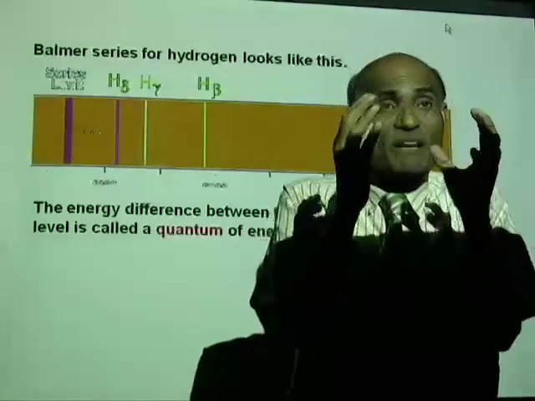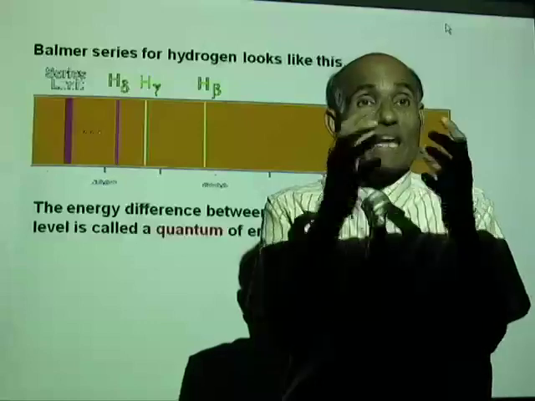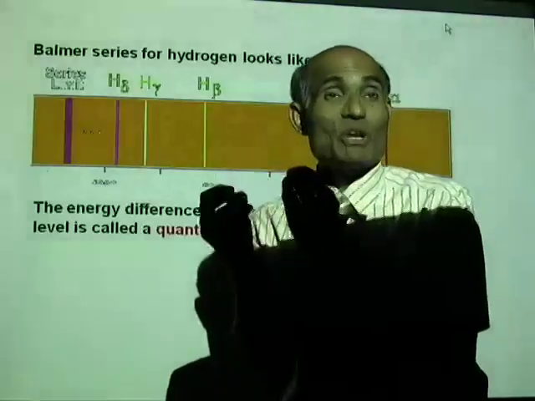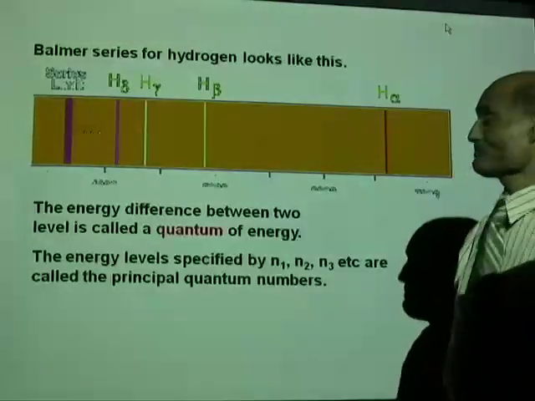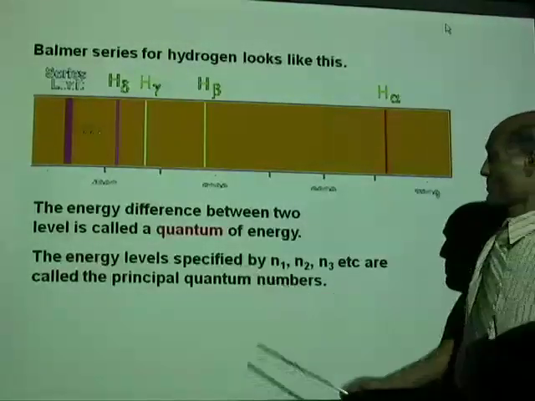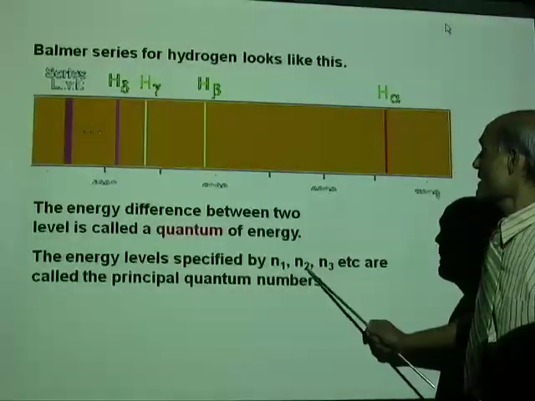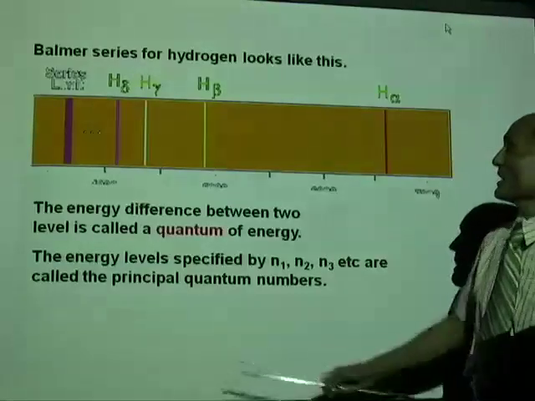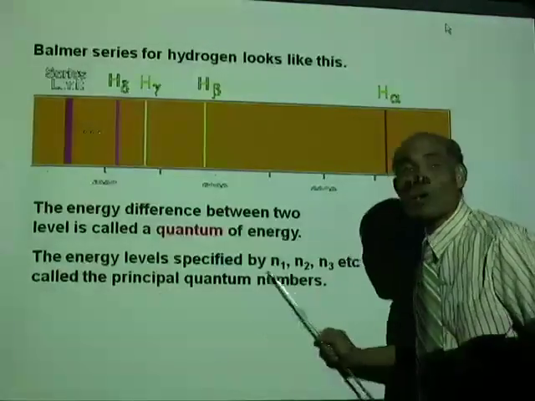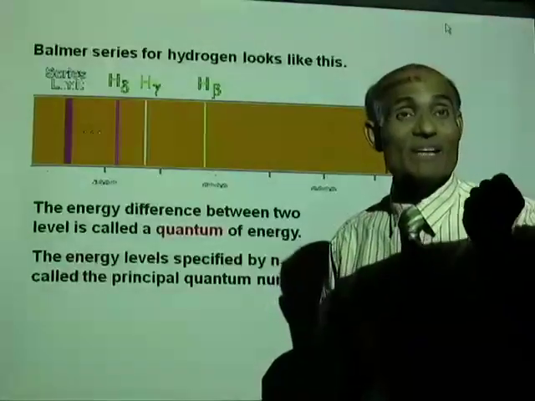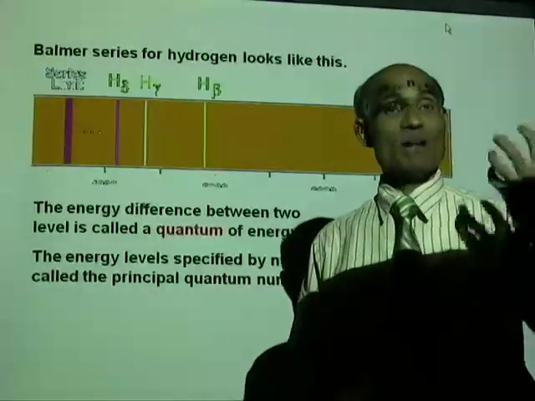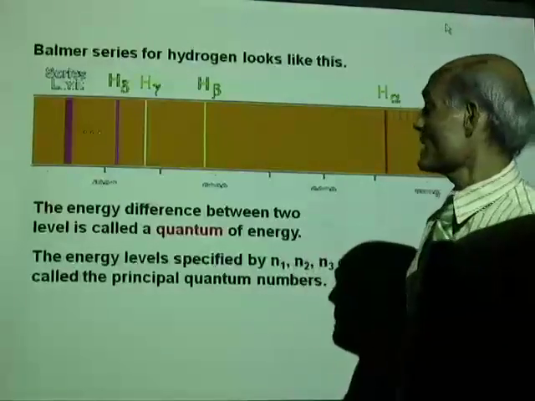So h times f, which is a quantum of energy, can have different values depending on the frequency or the color of radiation. The energy levels specified by n1, n2, n3, etc. are called the principal quantum numbers. So n equal to 1 is the principal quantum number 1, n equal to 2, n equal to 3, and so on.